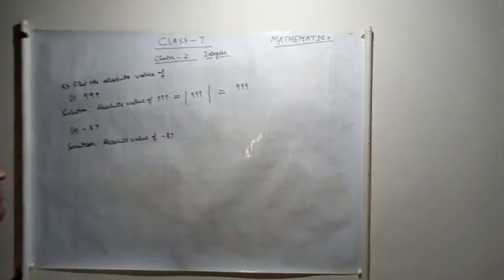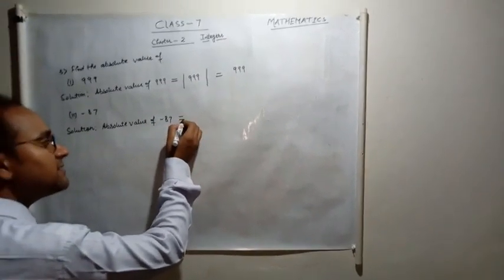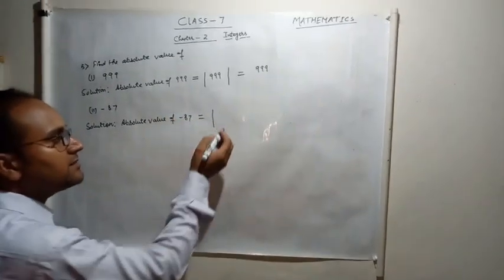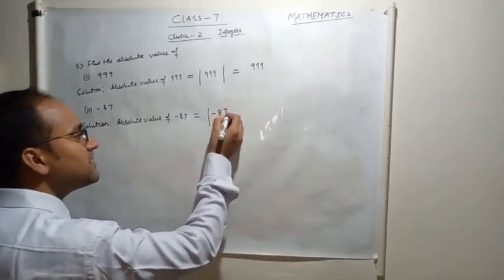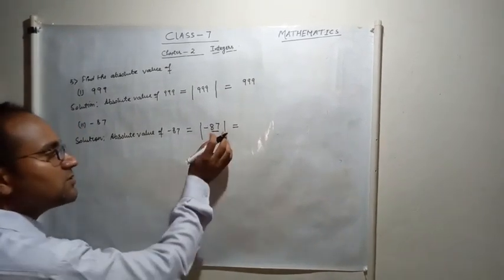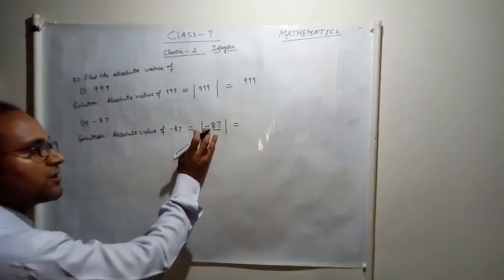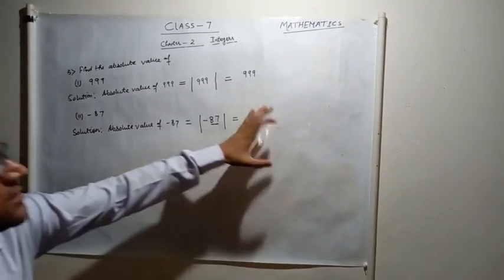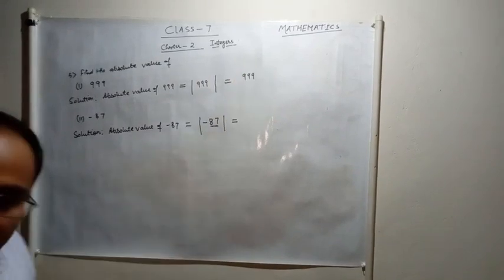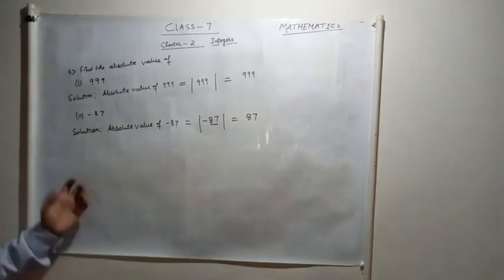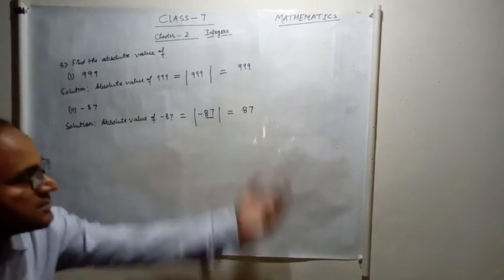It is negative, so we are not taking the sign. We are taking only the number, 87. I'm not taking this sign. Only positive. If it is negative, we make it positive; if it is positive, we keep it positive. So the absolute value of minus 87 is 87.